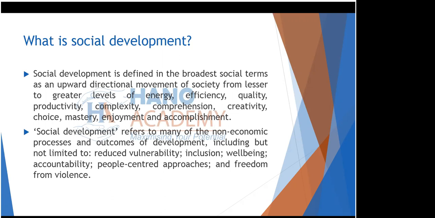So social development is defined in the broadest social terms as an upward directional movement of society from lesser to greater levels of energy, efficiency, quality, productivity, complexity, comprehension, creativity, choice, mastery, enjoyment, and accomplishment. That is a long definition of the term social development, but I want to give it a simpler and a basic explanation.